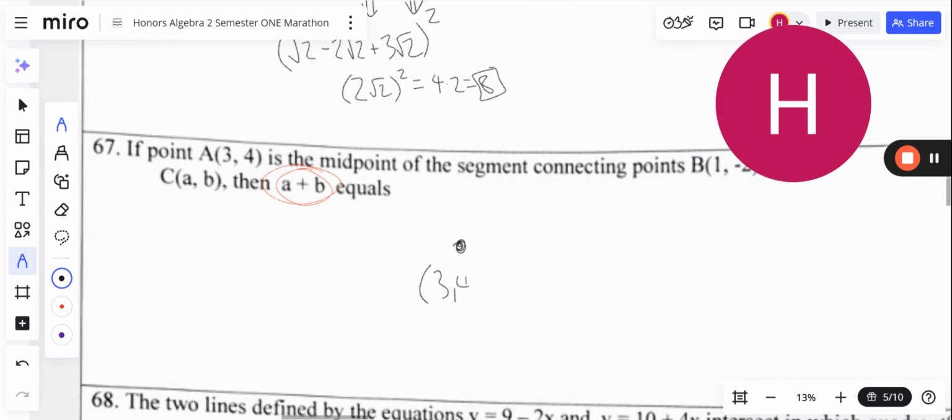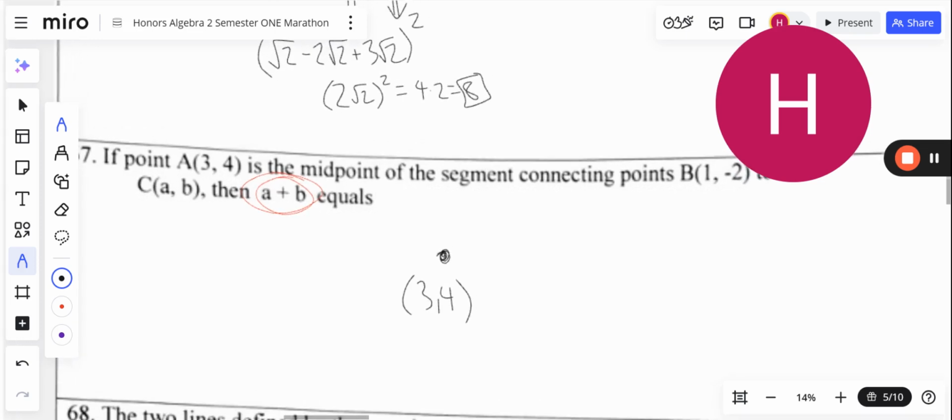Here's the easiest way to do that. It's not going to be drawn on a perfect XY plane. I just know that it's in the middle. So we're going to put B over here, and we're going to put C over here, which has coordinates A, comma B. This has coordinates 1, comma negative 2.